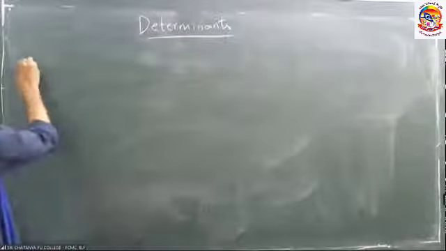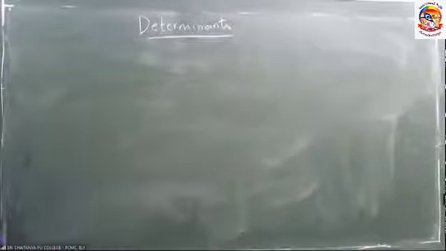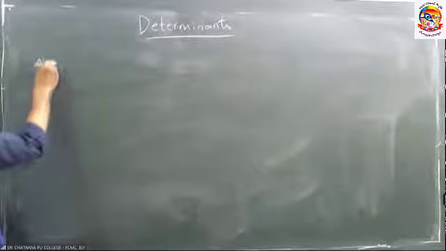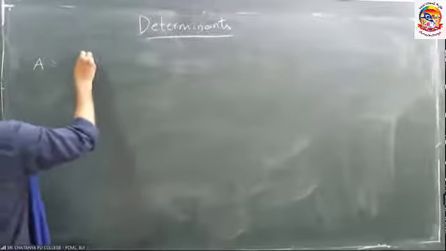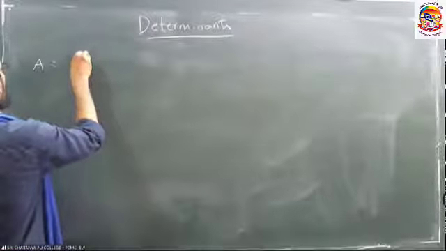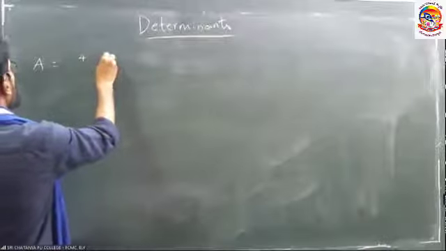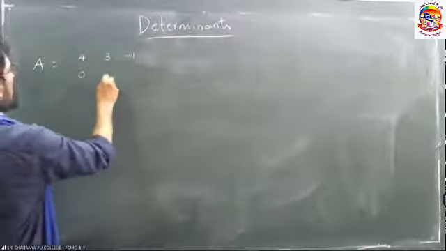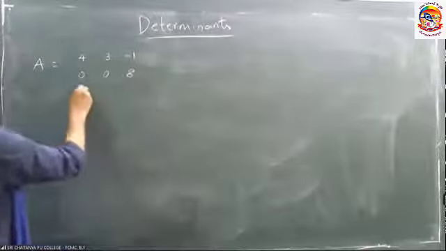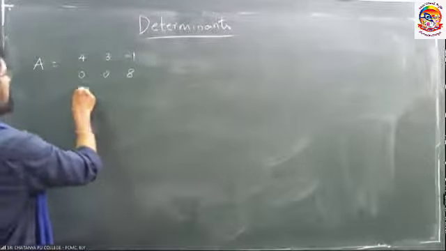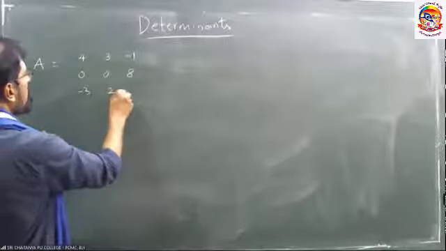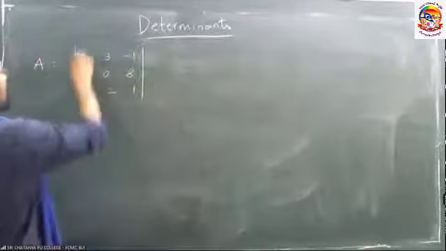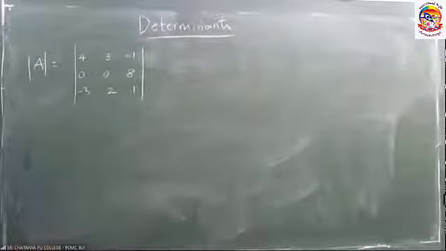Of course, some students got this in your straight lines chapter, first PUC, concurrent lines, that is equal to 0 in objective. If A is equal to, listen, 4, 3, minus 1, 0, 0, 8, and 4, minus 3, 2, 1, like this. Then he asked you to find det A. What do you do?